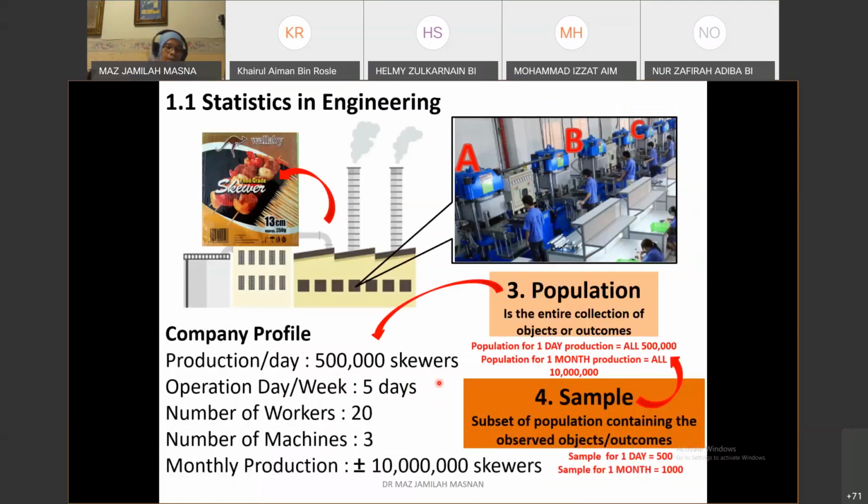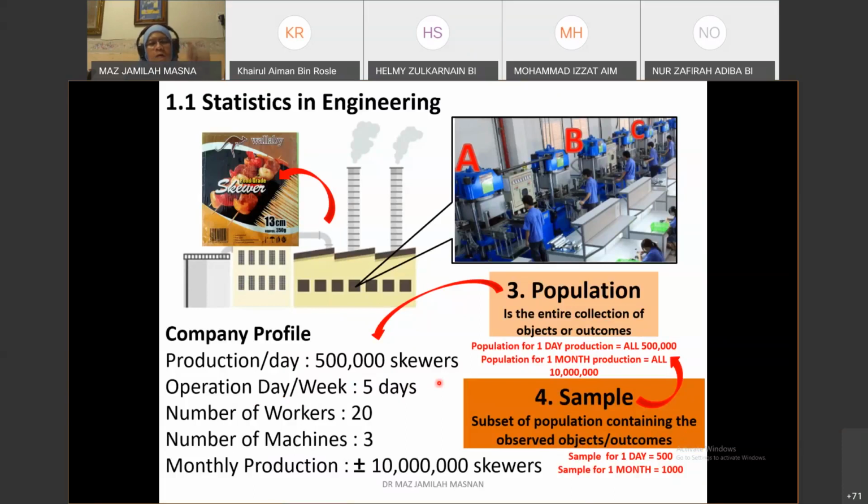Now, next, population and sample. Without looking at the slide, as I mentioned just now, the population of one package is 400. As I mentioned earlier, one package contains 400 skewers. From that 400 skewers, I ask each group to take out 40 skewers.